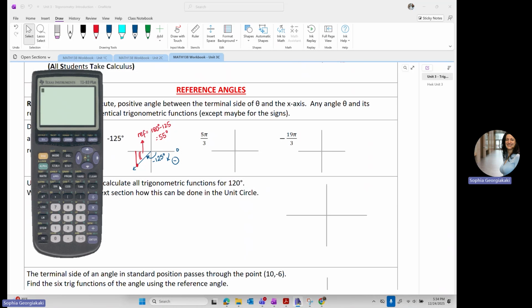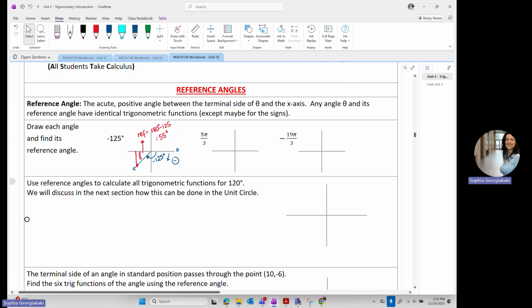If I do the tangent of 55 in my calculator, I see some number, and then if I do the tangent of negative 125, I will also see the same number. If I do the cosine of 55, I will see some decimal approximation of the irrational value, and the cosine of negative 125 will be the same, but negative.